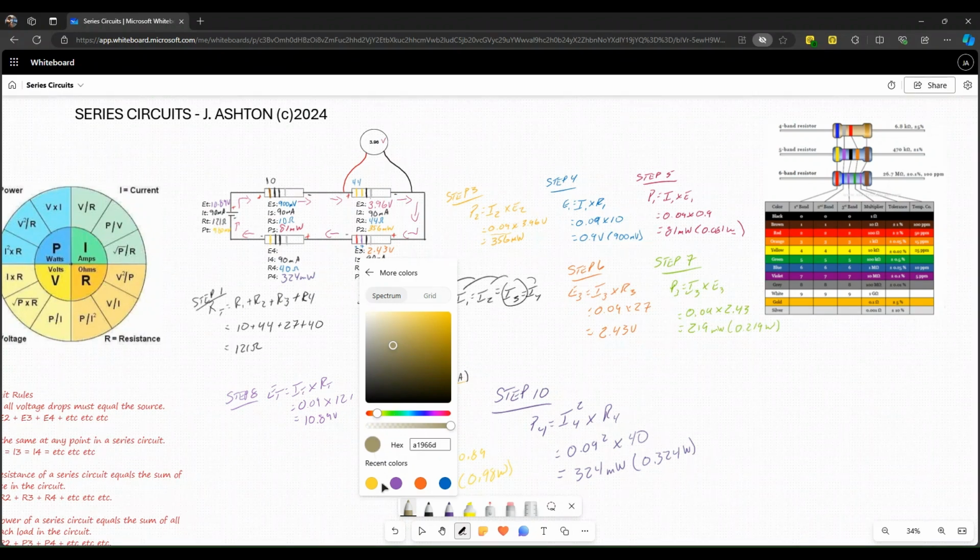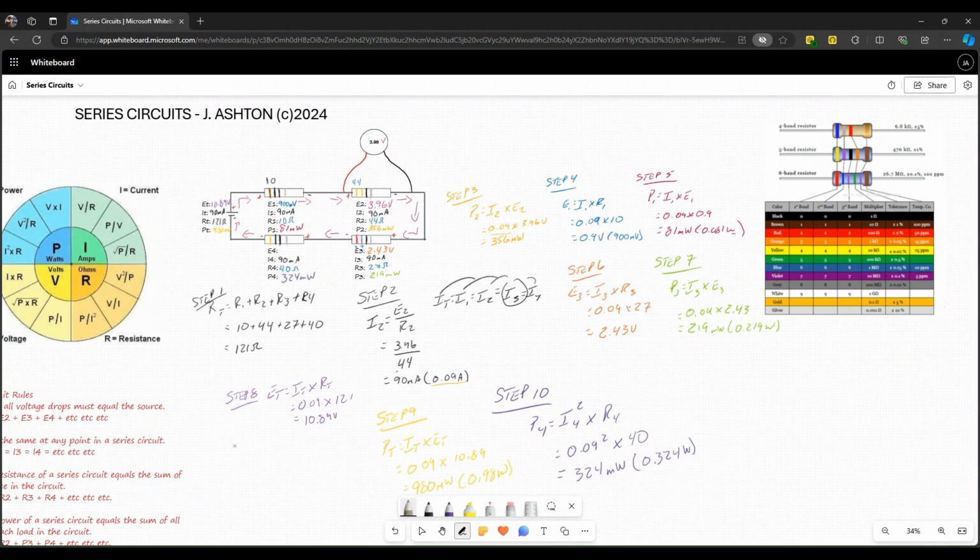Okay, we can find E4. So let's put a new step in here. Step 11. E4 is going to equal ET minus the sum of all our voltage drops that we do know.